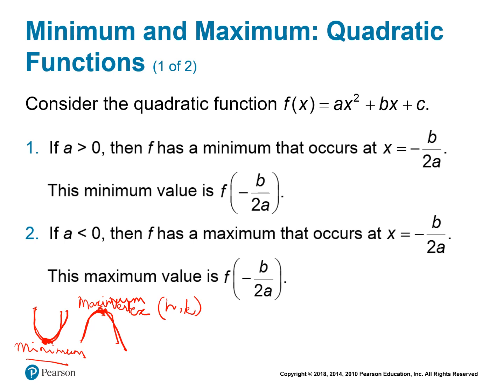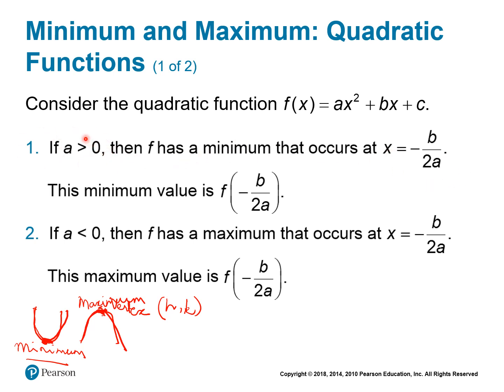So that's what we are going to study now. So it says here, consider the quadratic function ax squared plus bx plus c. If a is greater than 0, then f has a minimum that occurs at x equals negative b over 2a. Remember, this is the formula we use to find the h coordinate of the vertex, which corresponds to the x value of the vertex point.